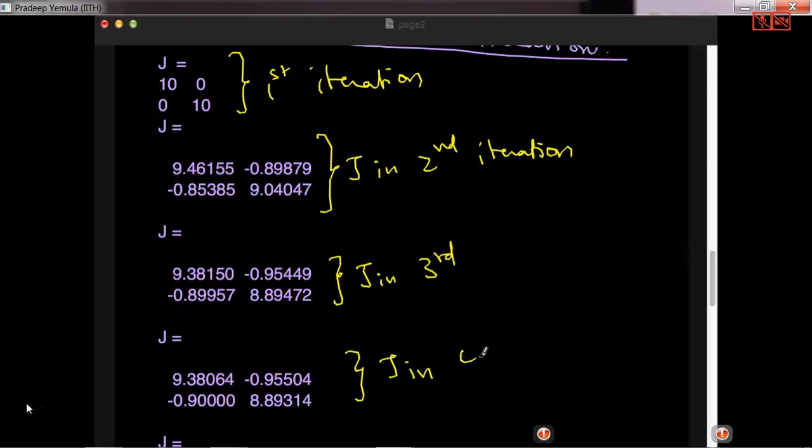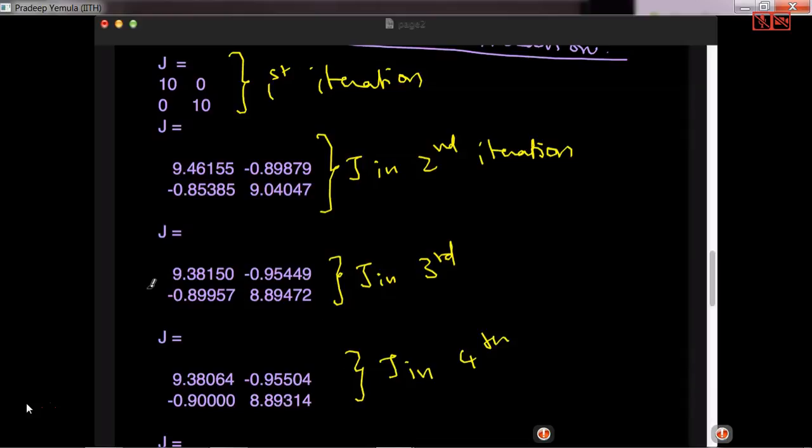Now, can you compare what is the difference between these two? So you see, the diagonal element is always large. This diagonal element is a very high value, 9.46, and this is 0.something, less than 1, almost like 10% of this. Similarly, in the next case also, 9.38 is a very large value, and this one is a very small value compared to this.